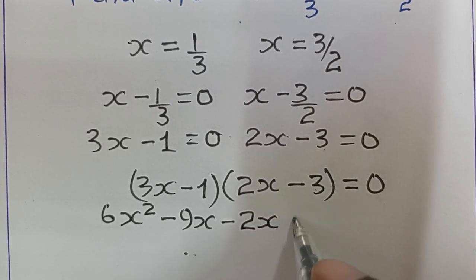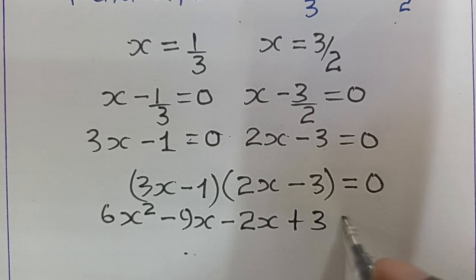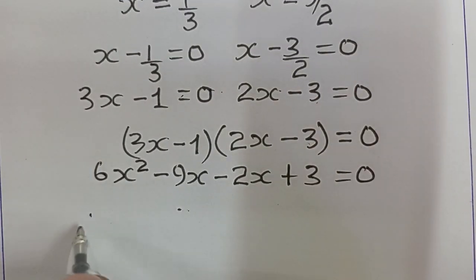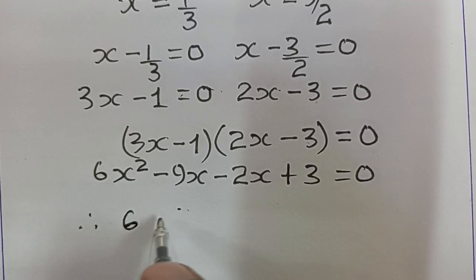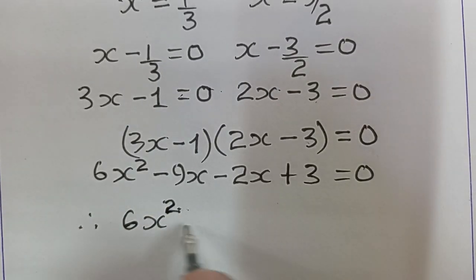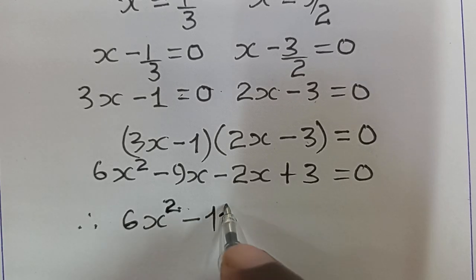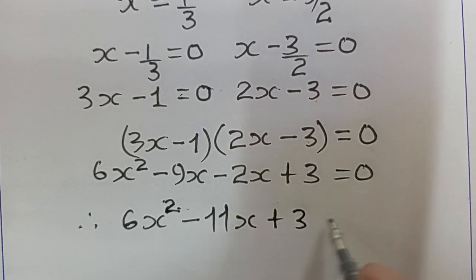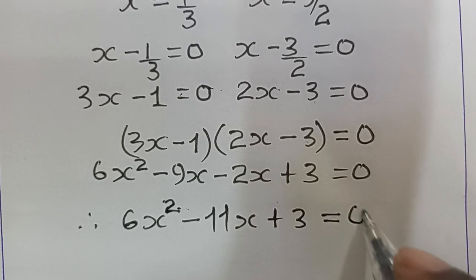And finally, we have plus 3. This is equal to 0. Therefore, our quadratic equation then is 6x squared minus 11x plus 3. This is now equal to 0.